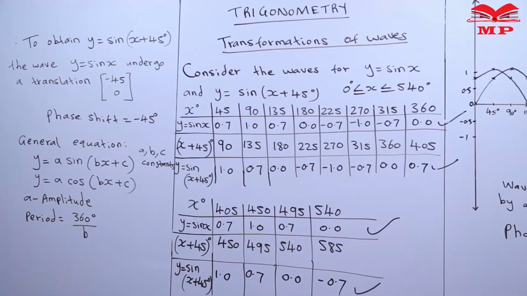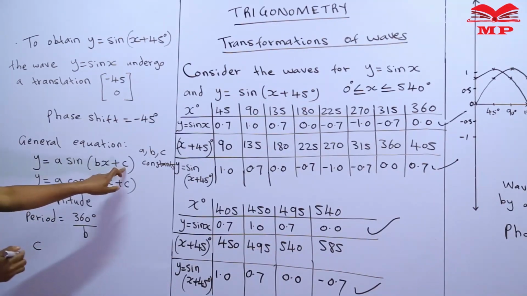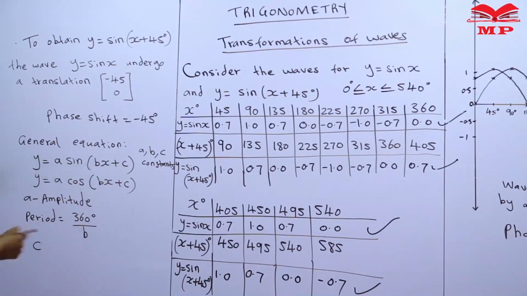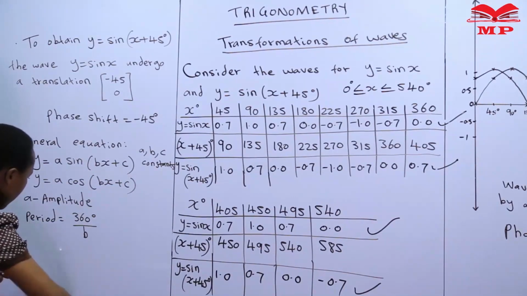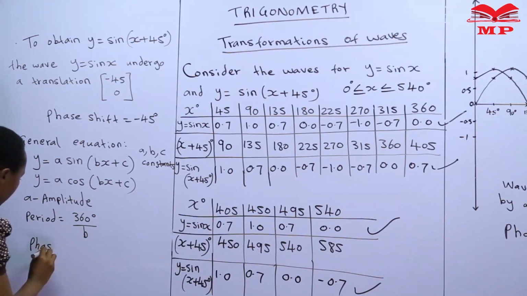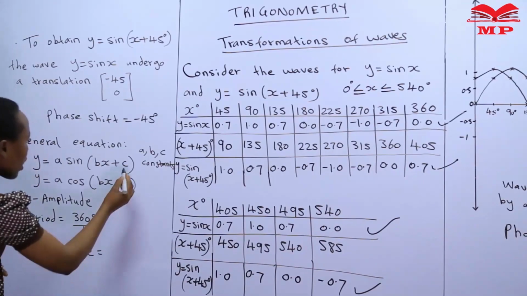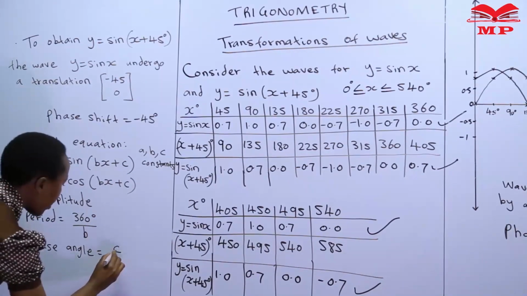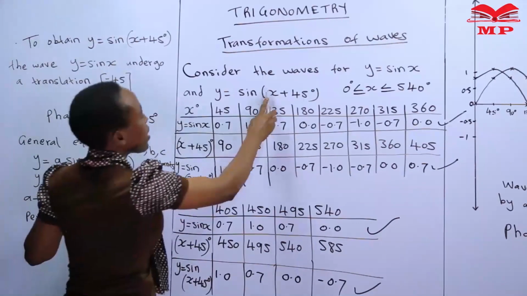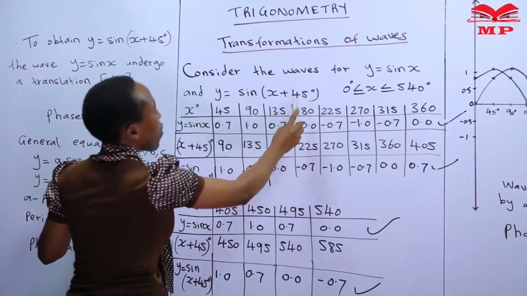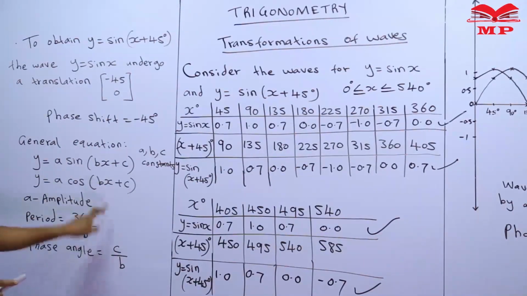Then c, when we need to get the phase angle, our phase angle in this case will be c over b. b can be 1, like in this case. So our phase angle is 45 divided by 1, which is our b.